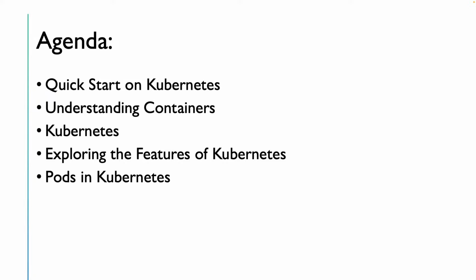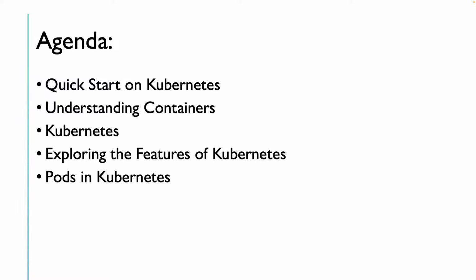Then we'll talk about some of the features of Kubernetes and the concept of pods in Kubernetes. At the end, we'll take a look at the hands-on and talk about the use case, how we can use Kubernetes for deploying machine learning models and ensure their high availability. So that's the agenda of this session.